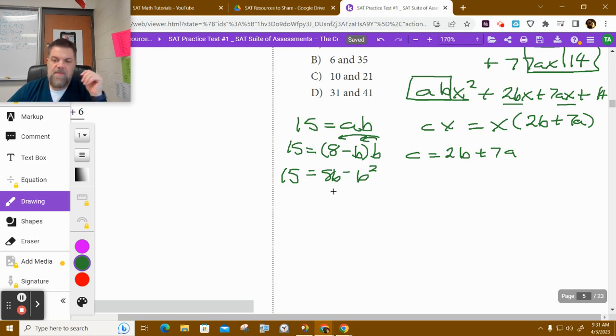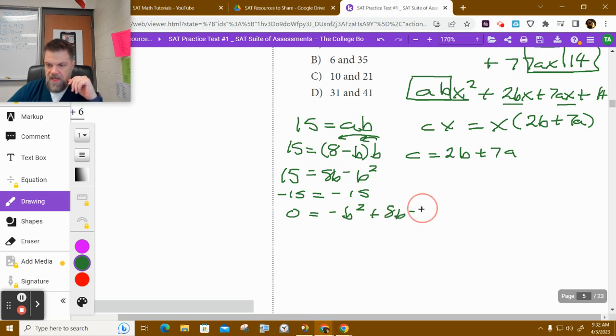So let's subtract 15 from both sides. And I get 0 is equal to negative b squared plus 8b minus 15.